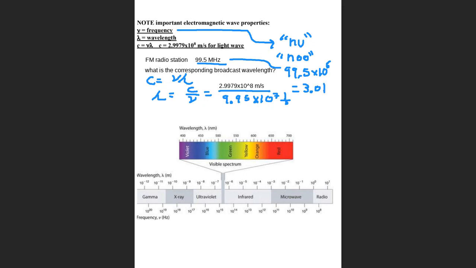Okay, you can see this kind of information reiterated in the chart I borrowed from LibreText below. Radio waves are quite long, having wavelengths of a meter or more.